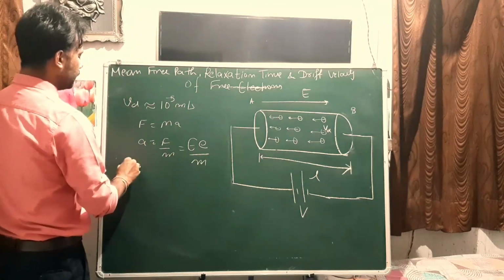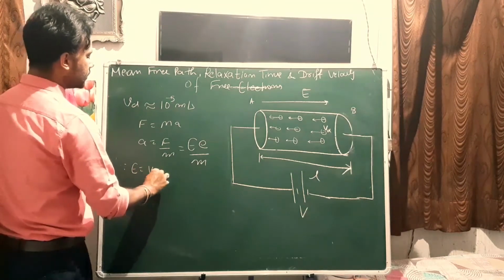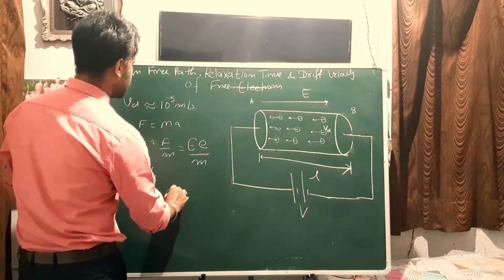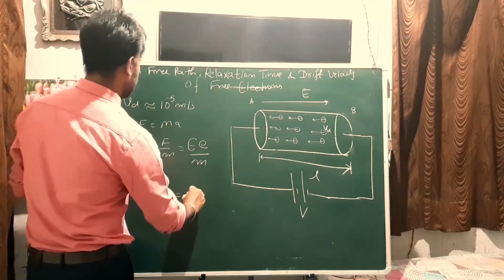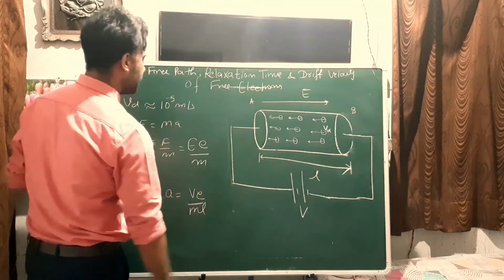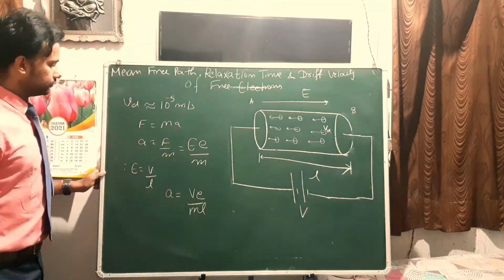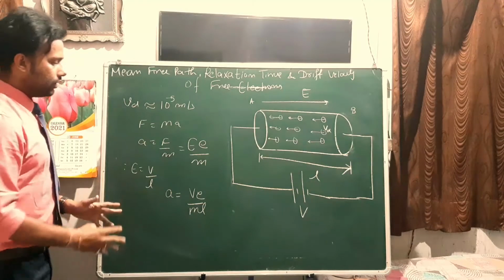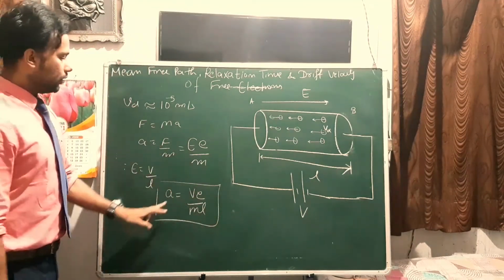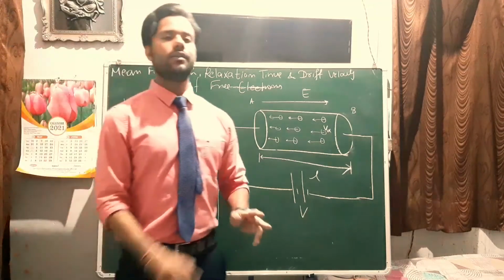We know that the electrical field is nothing but V upon L. So this can be written as a equals eV upon mL. This expression says that the electron must move with this acceleration, but this is not the case.